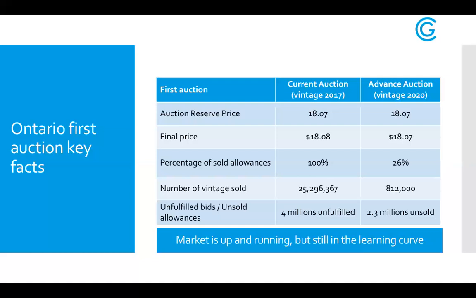So the 4 million bids that were unfulfilled, at least half of them, or 2.3 million, could have been replaced with the 2020 vintage that were left unsold. So this is precisely why we recommended to consider 2020 vintage, and clearly many organizations did skip that opportunity for them to acquire allowances.